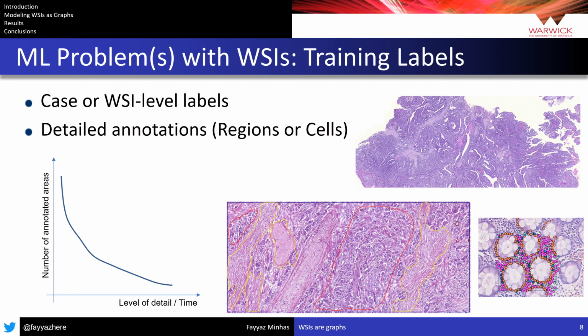We call this the weak supervision problem in machine learning, in which you have a single image and the associated label, but we don't know what part of the image is responsible for that particular prediction label. This is another unique challenge of machine learning in computational pathology.